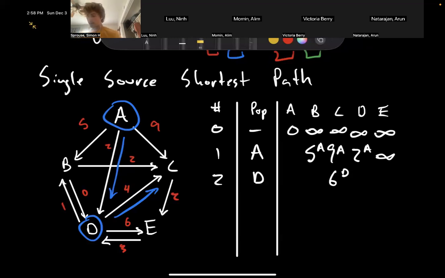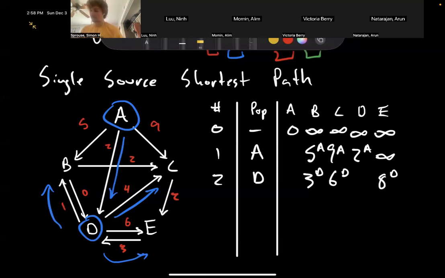Because 6 is shorter than 9. D can discover B with a cost of 3, right? It's 2 plus 1, so 3 from D. And let's see, D can discover E with a cost of 8. Yes.